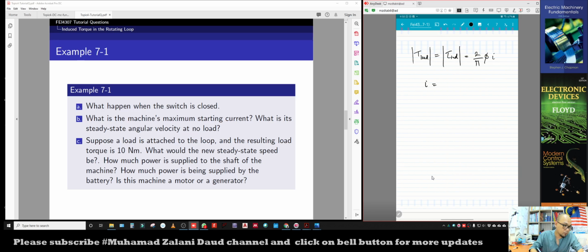So, okay, let me rearrange this to current. So, tau induced is 2 over pi phi, and then since phi is BA, we can just substitute phi equals BA in this equation.